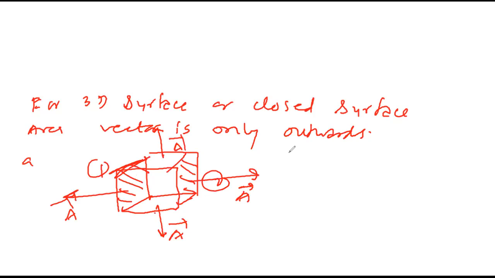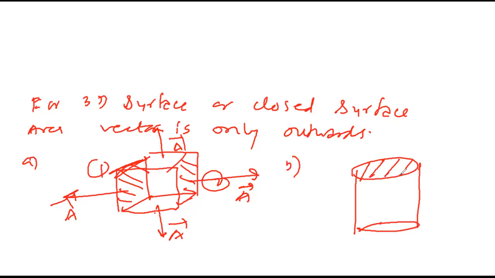Yes, sir. In this case, you tell me, if this is a cylinder, a closed surface, what will be the direction of the area vector for this and this? Only outward, okay?